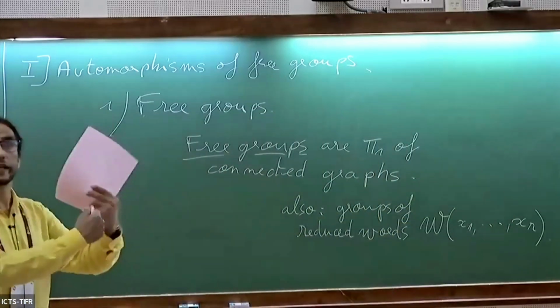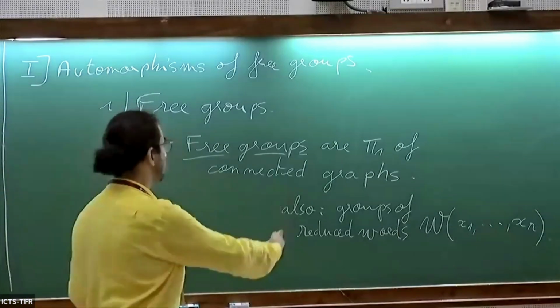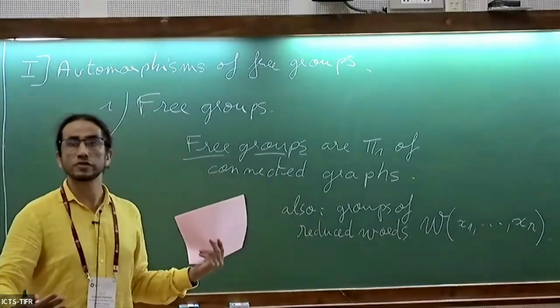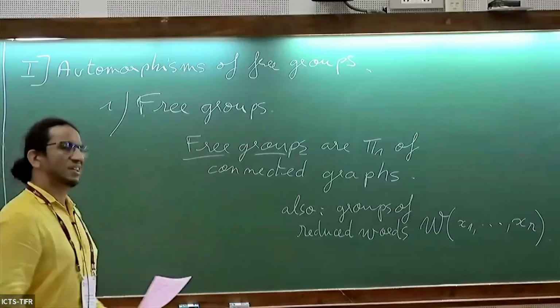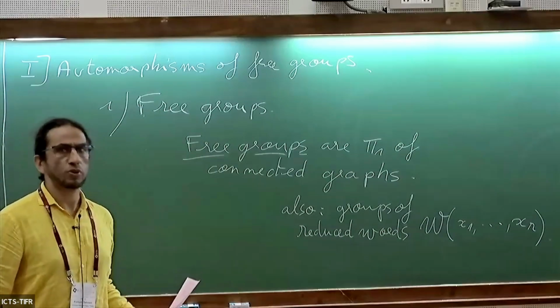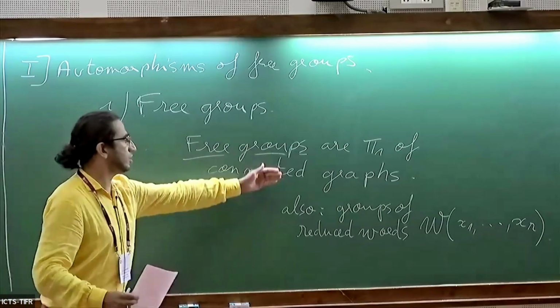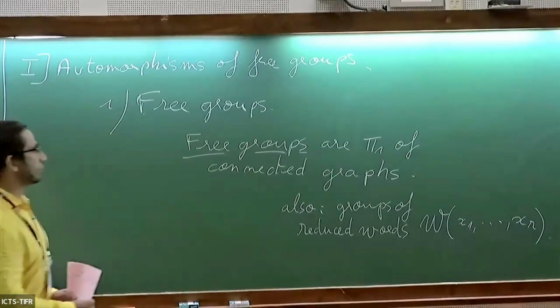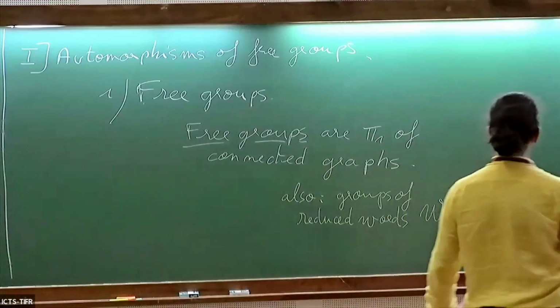Then I concatenate, and when I concatenate words, it's making the product of my group, but it's not reduced anymore, so I'm reducing, and it's a group. And it's the same thing as the previous ones, fundamental groups of connected graphs.